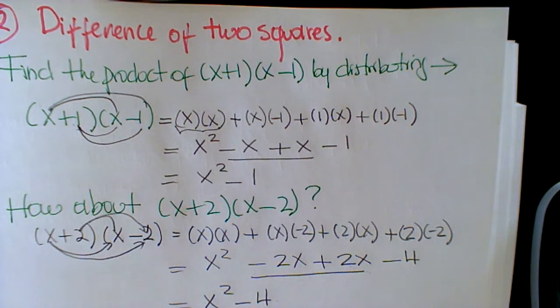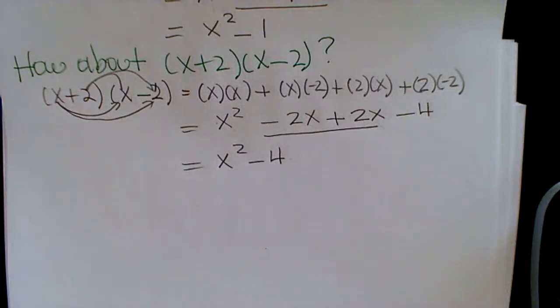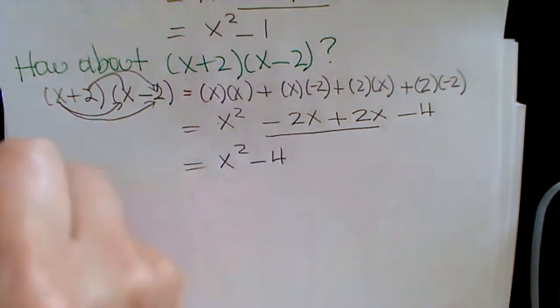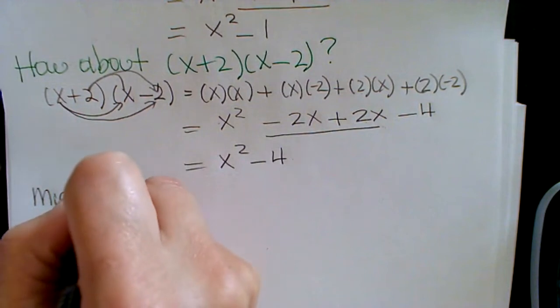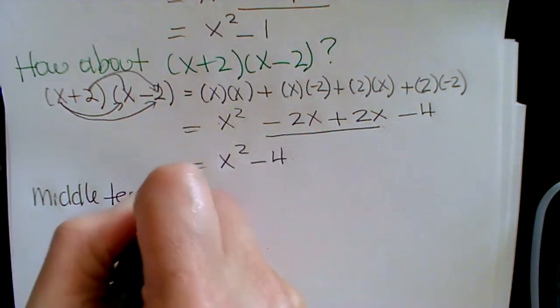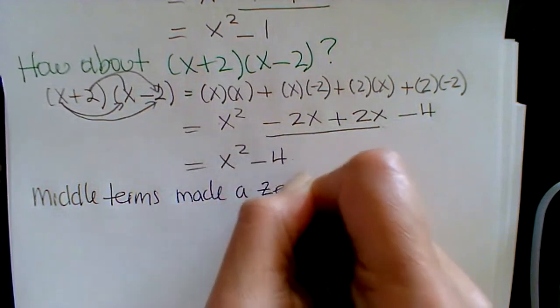And let me, before we start doing exercises, let me write that down. So one thing that we notice is that the middle terms made a what? A 0.